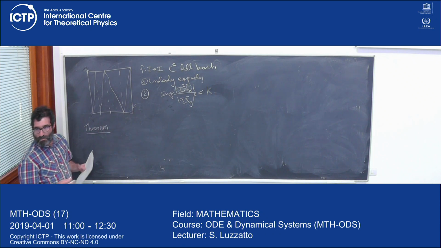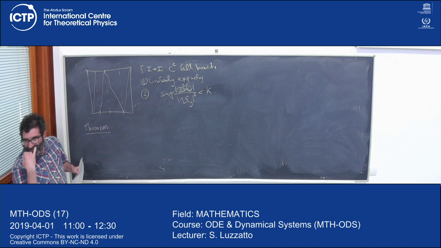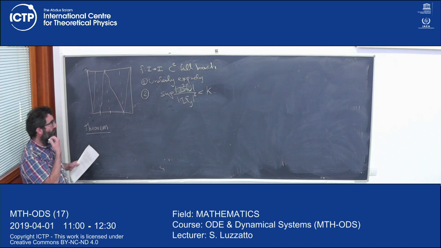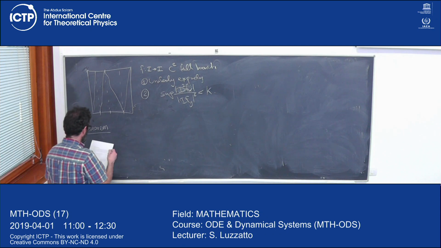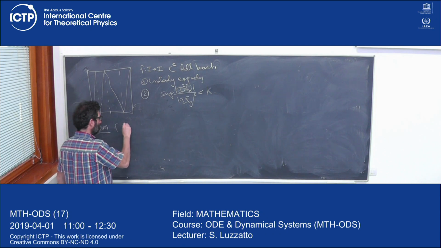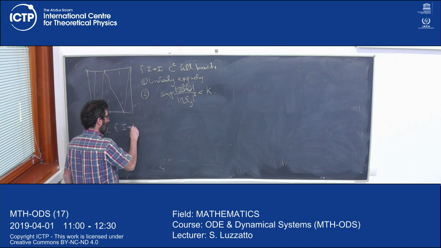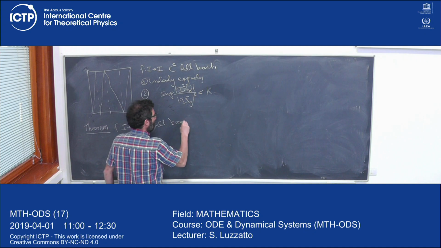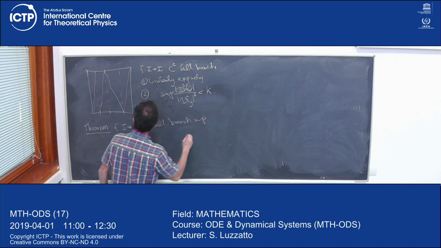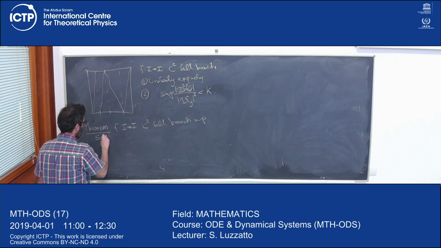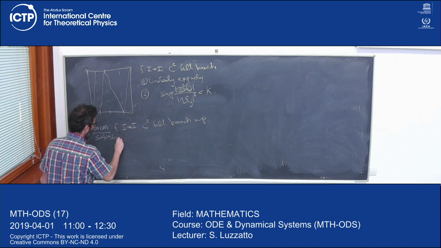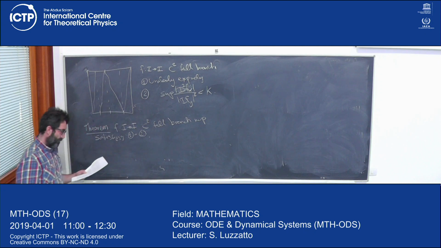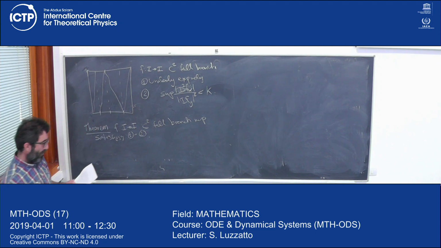Theorem: suppose f is a C2 full branch map satisfying conditions 1 and 2.